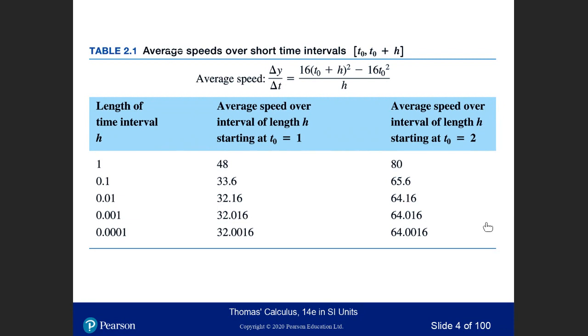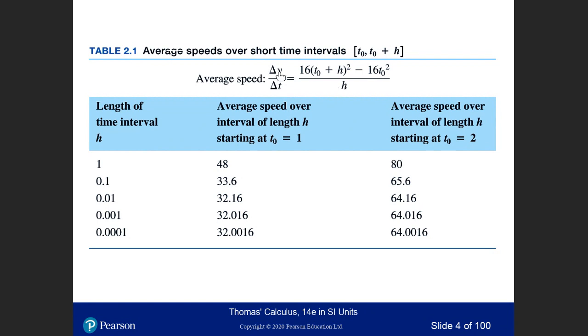Okay, let's go back to the lecture. Now, here our function is 16t squared, and t1 is, let's say, t0, and t2 is t0 plus h, where h is now a positive number. So here, t2 minus t1 is basically h.